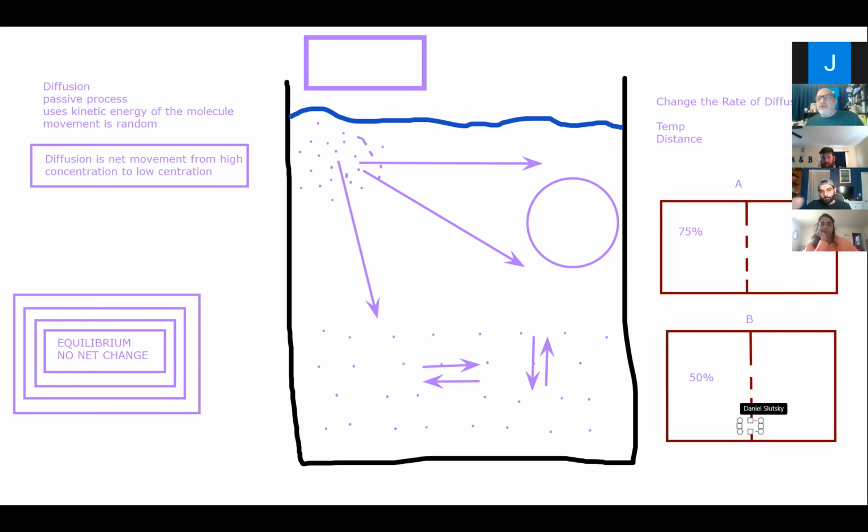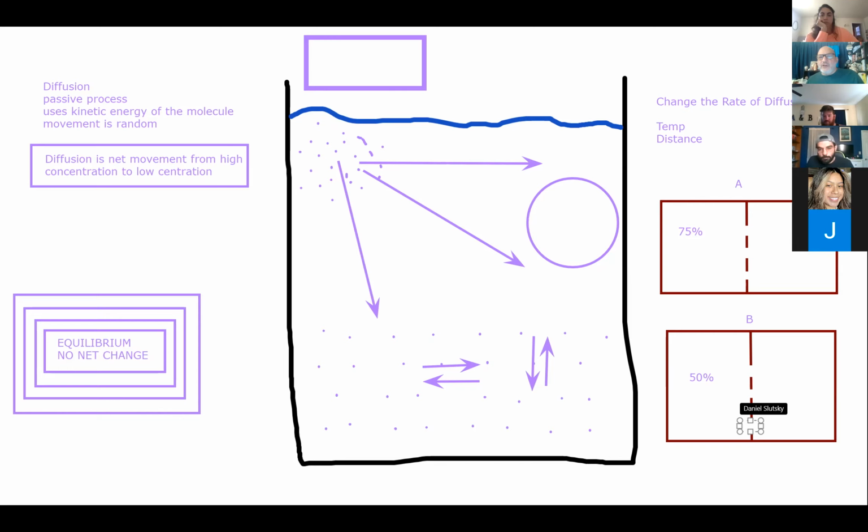Notice we only know what's going on one side of this beaker. What if I told you on this side of A, it was 70% Kool-Aid, and on this side of B, it was 10% Kool-Aid? Which one moves faster now, A or B? B. B, right?